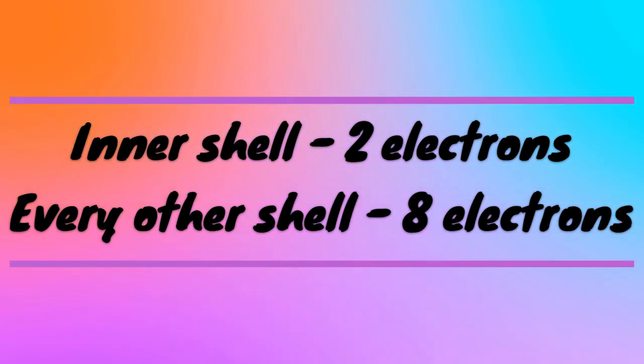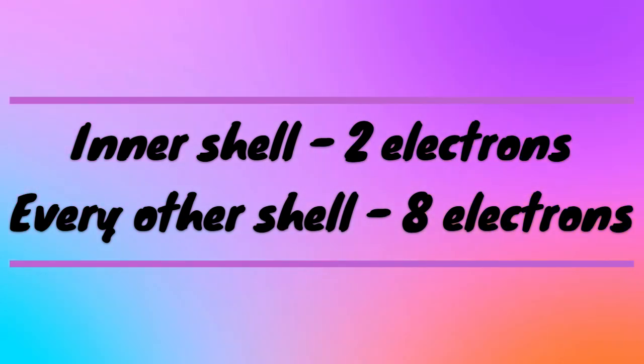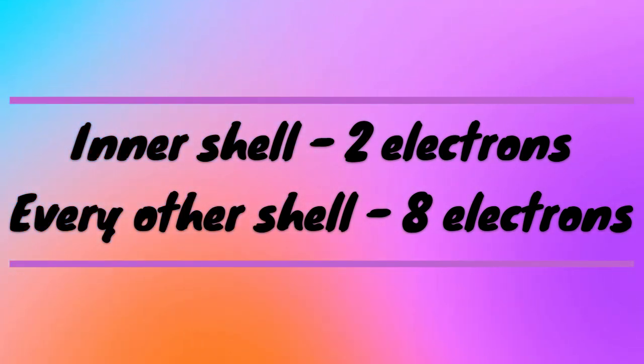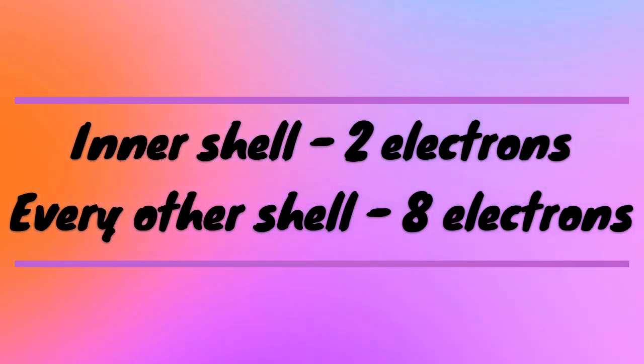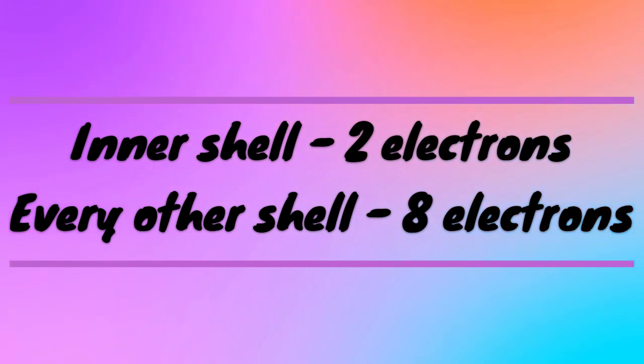And then for GCSE combined science, we need to know that the outer shells are always 8. Okay, it's a little more complicated than that, but for our GCSE, we just need to know that it's a maximum of 2 on the first shell, and then for every other shell, it's a maximum of 8 electrons in that shell. So an atom can hold in its first shell a maximum of 2 electrons, and in every other shell, 8 electrons.